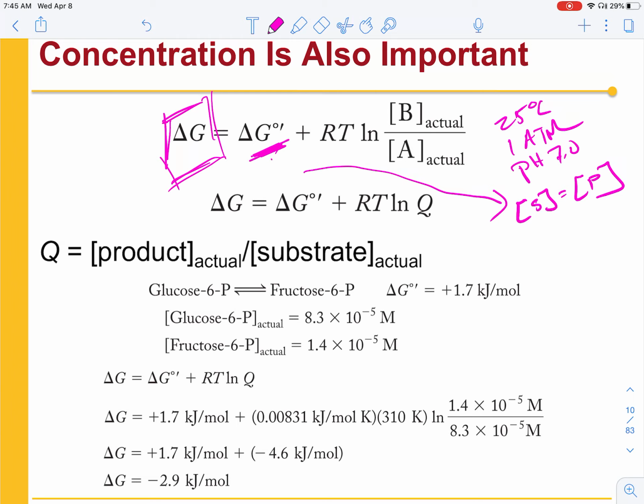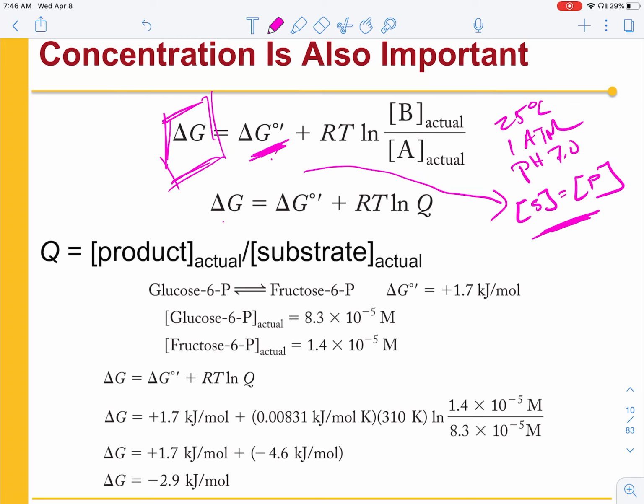Now, in practice, in the cell, it is rare that the concentrations of substrate or products are equal to each other, right? And that change in the concentration has an energetic effect.